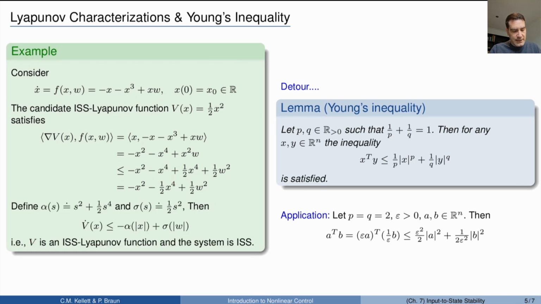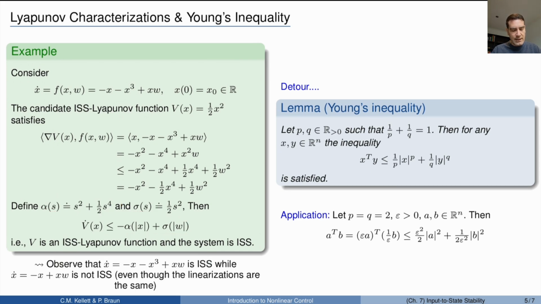Meaning we can define our function alpha and our function sigma such that we have this decrease condition satisfied, confirming that V is an ISS Lyapunov function, meaning our system is input to state stable. And observe here, which is, I think, a non-trivial observation, that this system here is not ISS, while the system with this additional term is ISS.